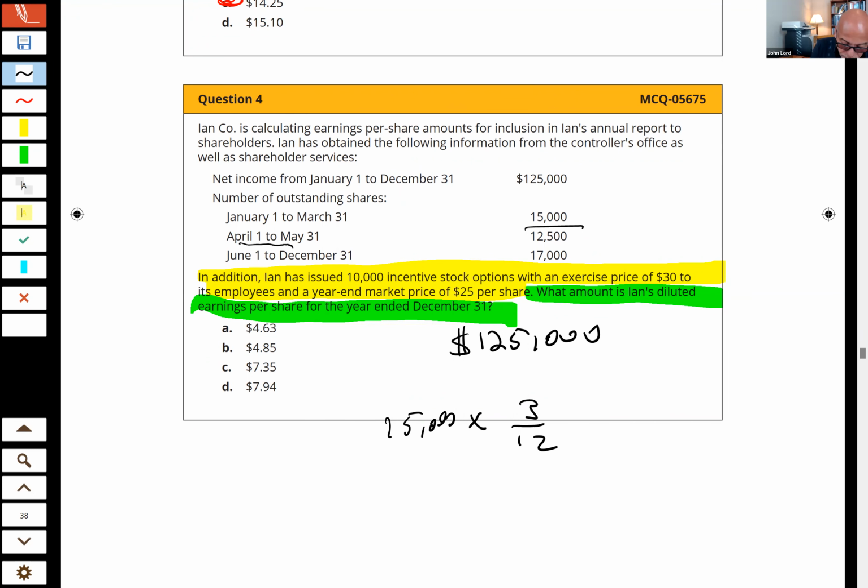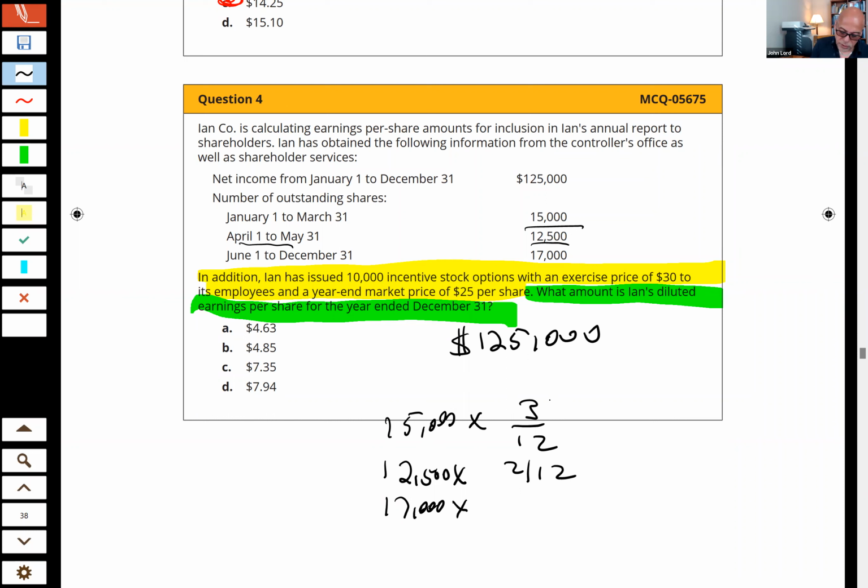From April 1st to May 31st, which is another quarter of the year, it went to 12,500. We don't have any stock dividends or stock splits that we have to worry about. And that was the case until what? All of April, all of May, until June 1st, it went back up to 17,000. And that was then the case for the rest of the year.